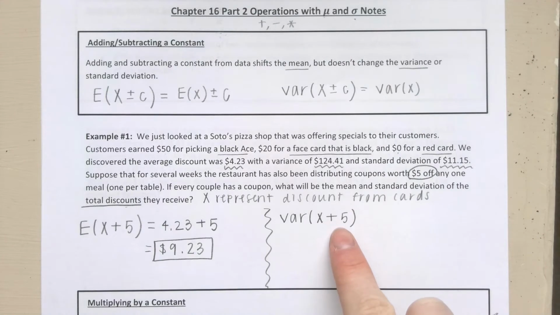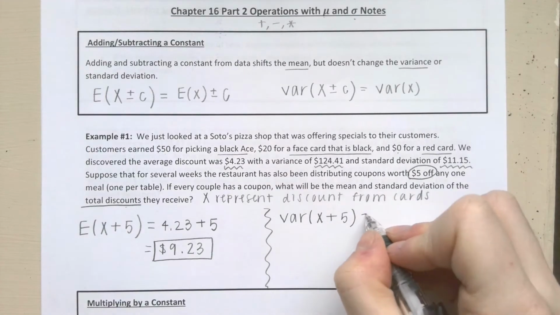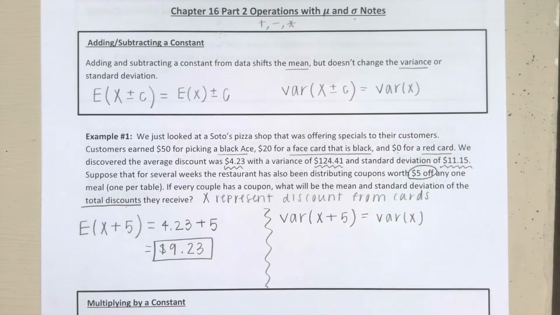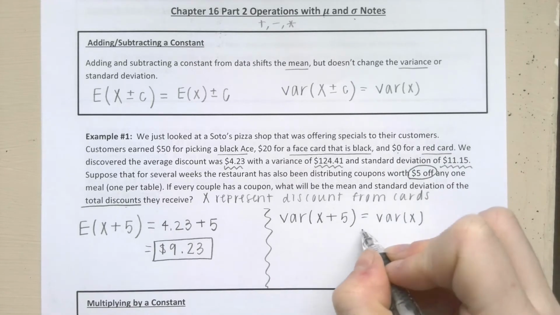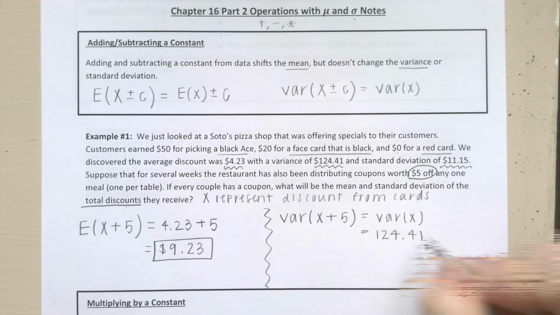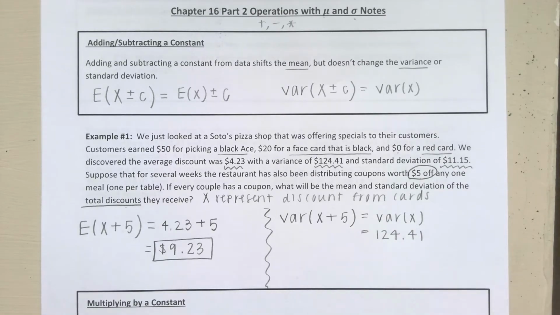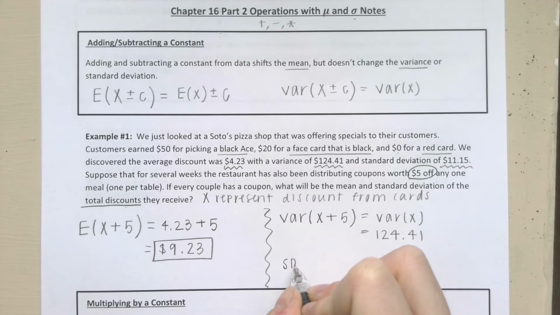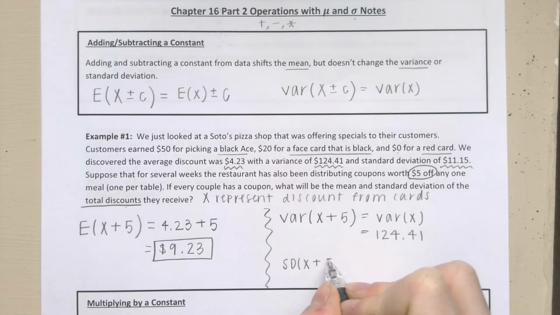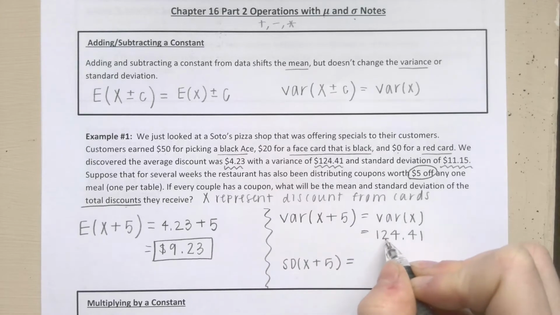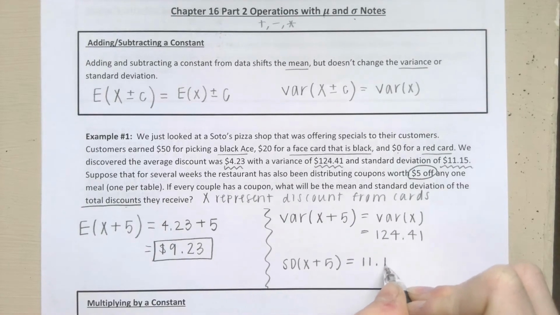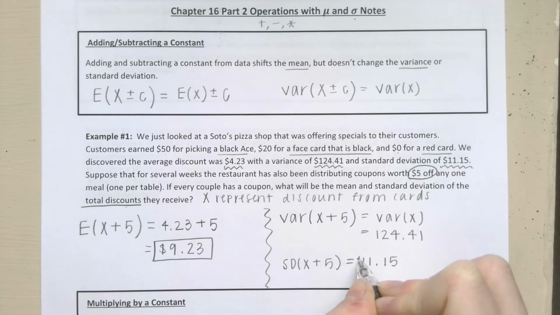So this variance of x plus 5 should just be equal to my old variance, which we found in the opener was 124.41. To find my new standard deviation, and technically this is the standard deviation of x plus 5, it's just the square root of my variance, which was 11.15.